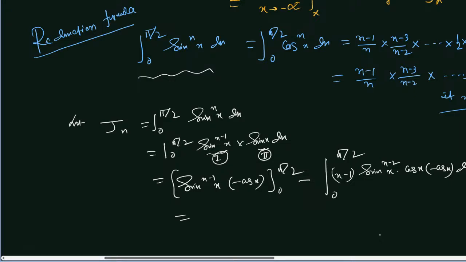The first part value is 0 because cos pi by 2 is 0 and sin 0 is 0. This minus minus will be plus, and this is changed to integral from 0 to pi by 2 of (n minus 1) times cos square x, and cos square x is what? 1 minus sin square x.